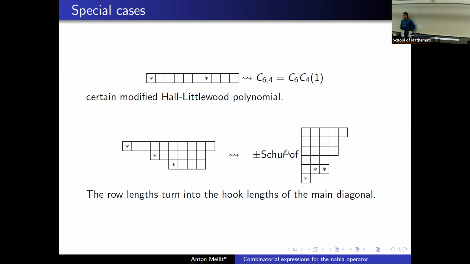So the sign is the number of cells which participate in the process of straightening. On the right, it is the number of cells below the diagonal, the parity of that number. Notice that the row lengths on the left become hook lengths of the main diagonal on the right.